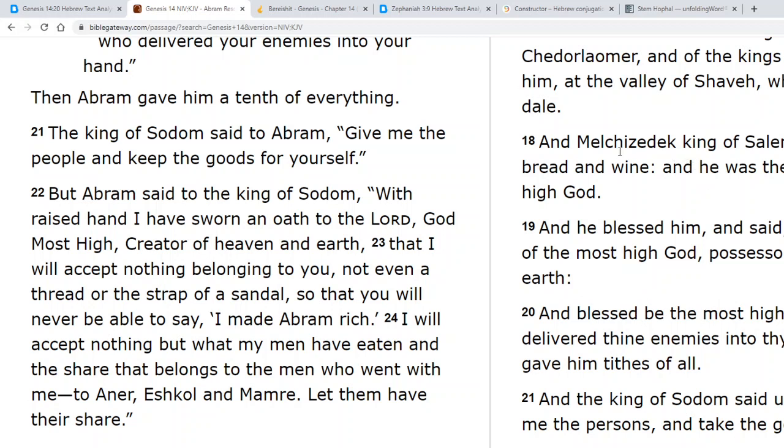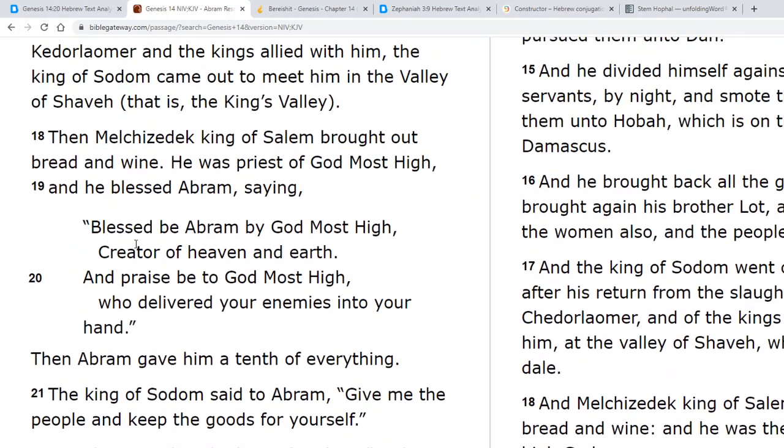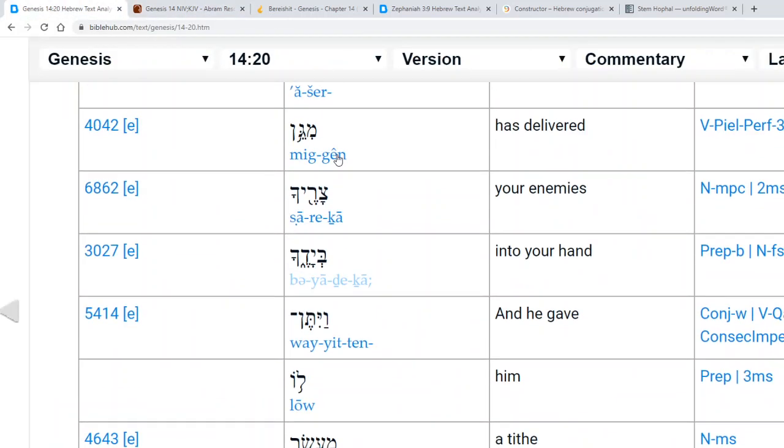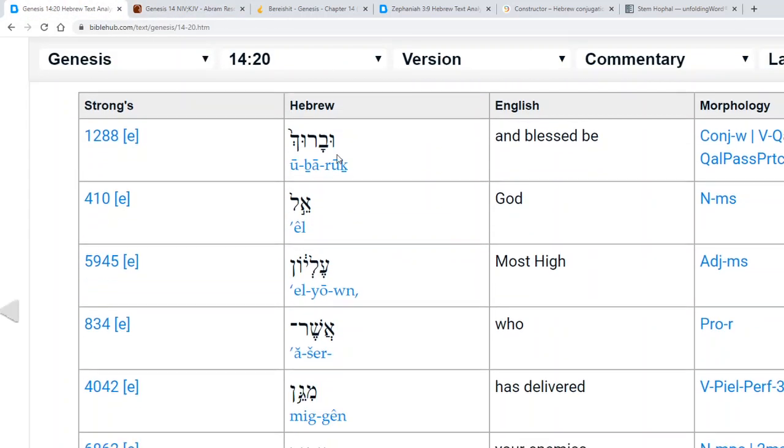That's why, because Melchizedek is the one who's doing all... No, he stopped speaking, and then we go back to the, because that's Melchizedek speaking there, right? Let's see how NIV does it. "And praise be to God Most High, who delivered..." Praise be? Oh, okay.